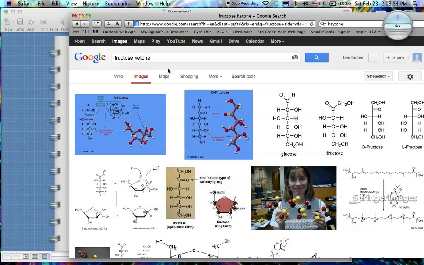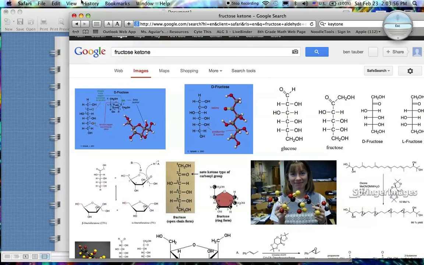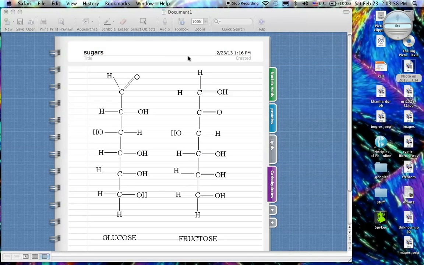Okay, I'm going to go out on a limb here and say that it doesn't matter. But I think fructose is your ketone and glucose is your aldehyde. And the way you know the difference is you have the double bond O sticking up there versus sticking out there. So ketone, aldehyde. Alrighty.